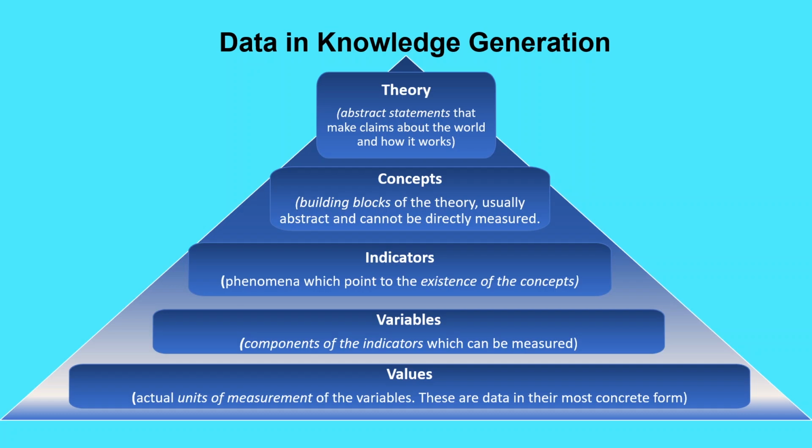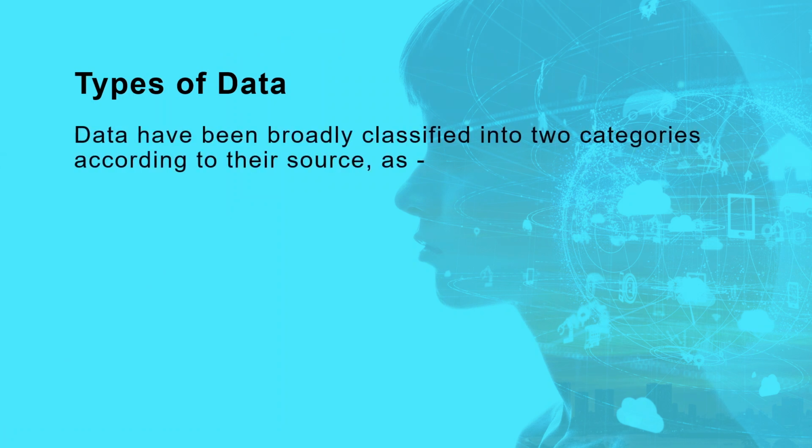Now we move on to the discussion on types of data, because it is very crucial for the researchers and practitioners to recognize what type of data they require for their research and developmental activities and other practices in different sectors of knowledge. Now, what are the types of data? Data have been broadly classified into two categories according to their sources, as primary data and secondary data.